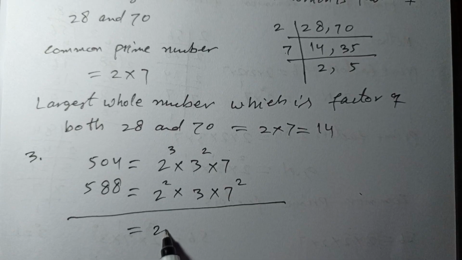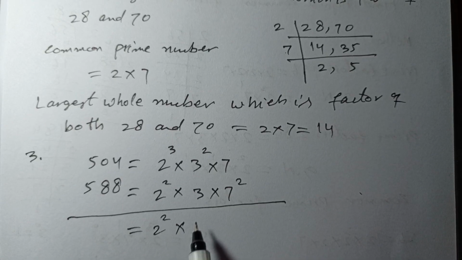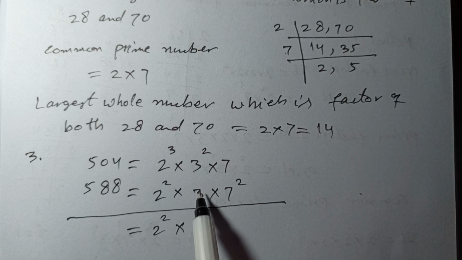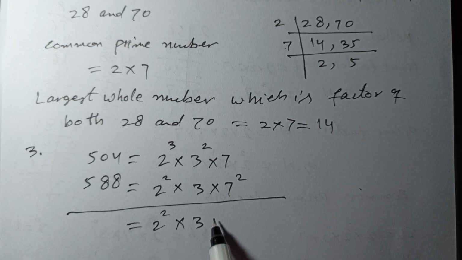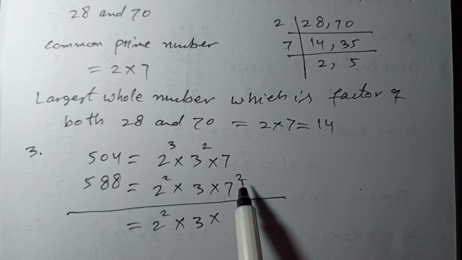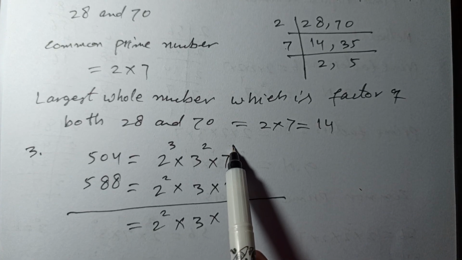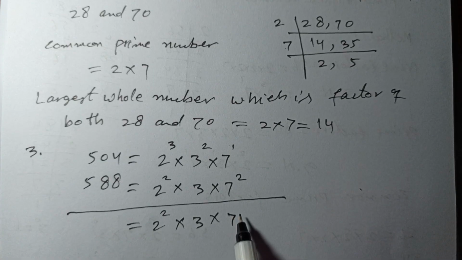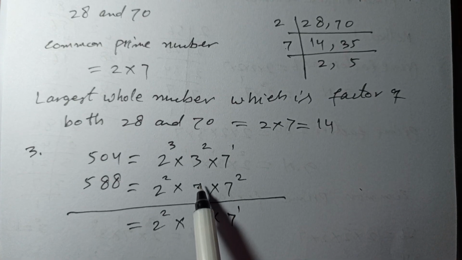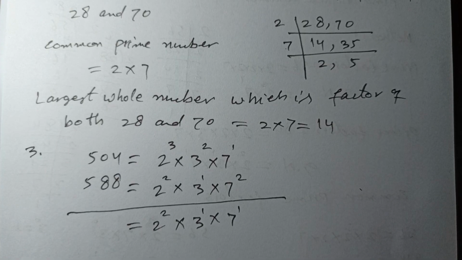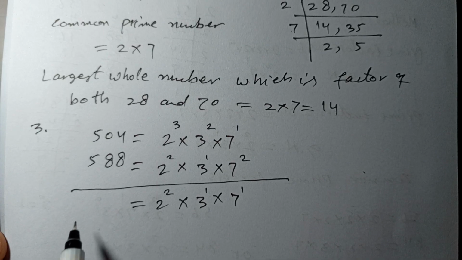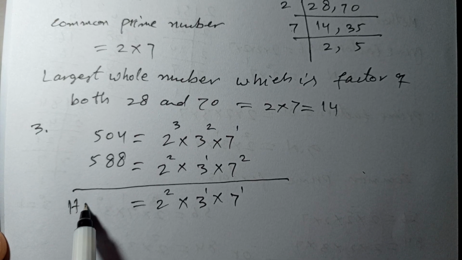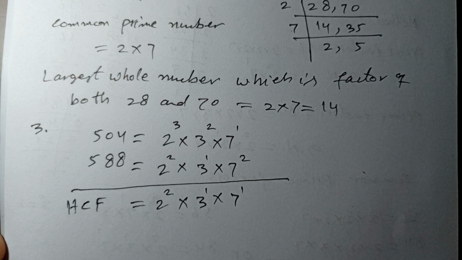So you will write here 2 raised to power 2, and from 3 raised to power 1 and 3 raised to power 2, 3 raised to power 1 is the lower power, and from these 7s, 7 raised to power 2 is higher power, and 7 raised to power 1 is lower power. So you will write here 7 raised to power 1, just like 3 raised to power 1 we have written. You will pick the lower power from the index notation of both the numbers. That will give us highest common factor HCF or greatest whole number.